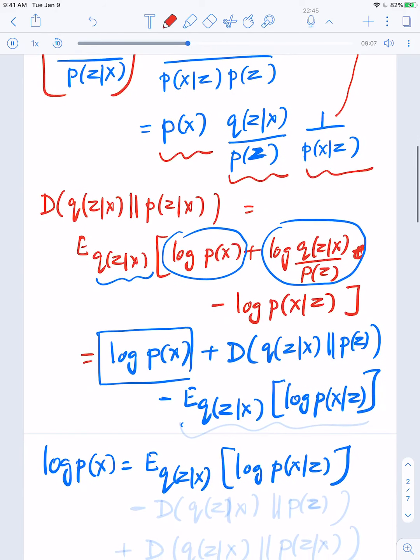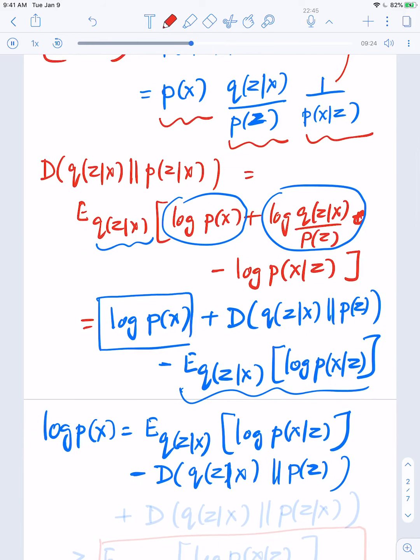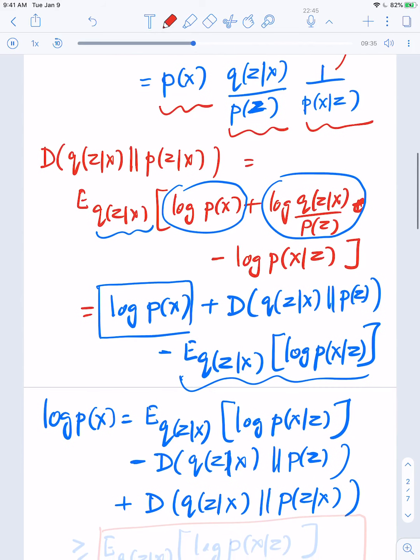That's just this term taken over to the other side, minus the divergence between the Q density and the nominal density that I want my embeddings to come from, and plus the original divergence, right? Plus D of the approximation to the encoder and the actual conditional density that we are trying to approximate using the encoder. So that's nice.